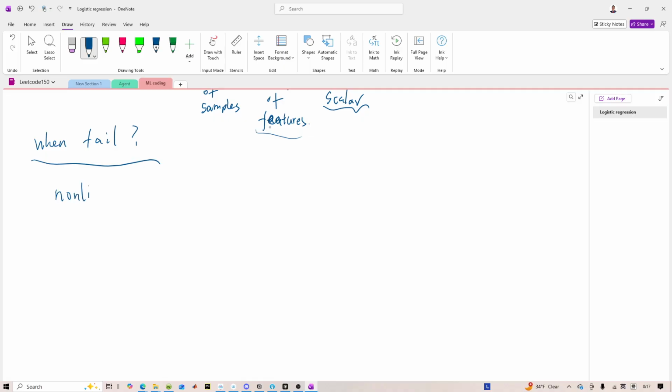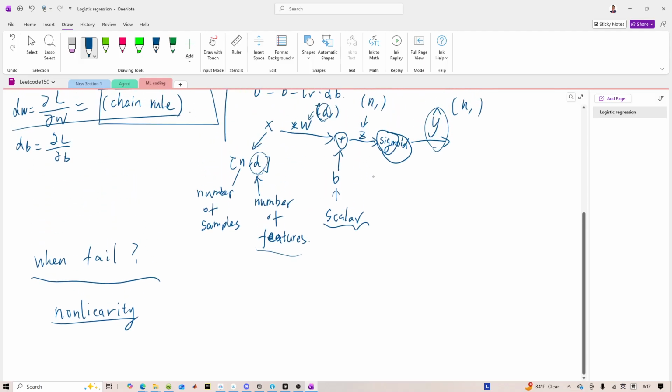If you have a lot of nonlinearity, this algorithm alone will not be able to make good predictions. Although the sigmoid itself introduces a little bit of nonlinearity, your z is still a linear combination of the features.